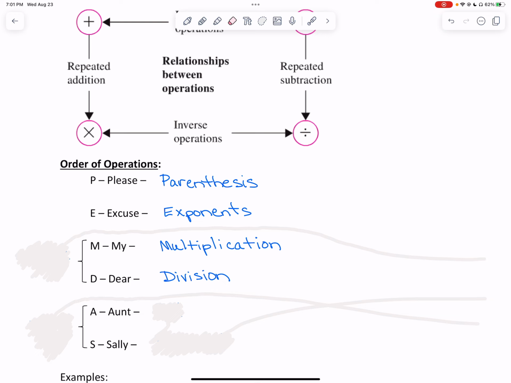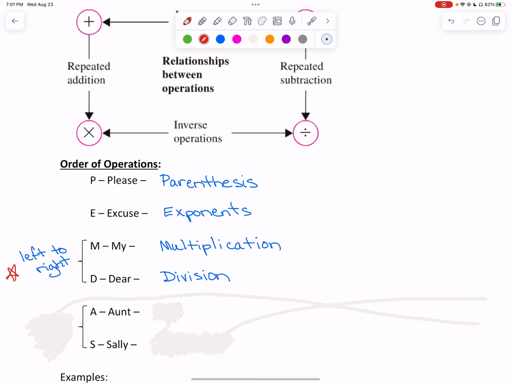Then you do division. But that multiplication and division is left to right. And that is where lots of students mess up, is that left to right, because people like multiplication, not division so much. So they want to do all the multiplication first because it's easier, but it has to be left to right. Okay?